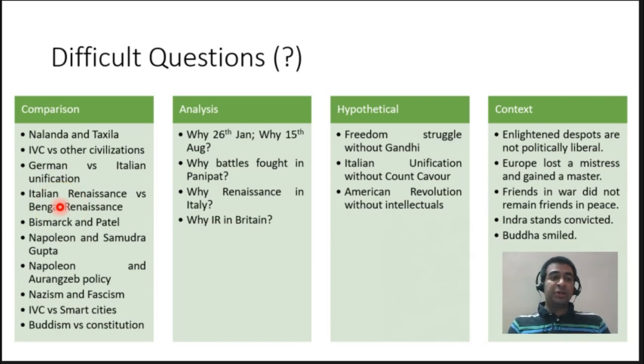Now this is much more difficult for the students because, as I told, no standard textbook or standard historian would try to draw the parallels. Maybe at the max they might mention one or two lines that there is the Bengal Renaissance which happened in India and which is different from the Italian Renaissance. But writing 200 words just based on these points becomes very tough for the majority of the students.